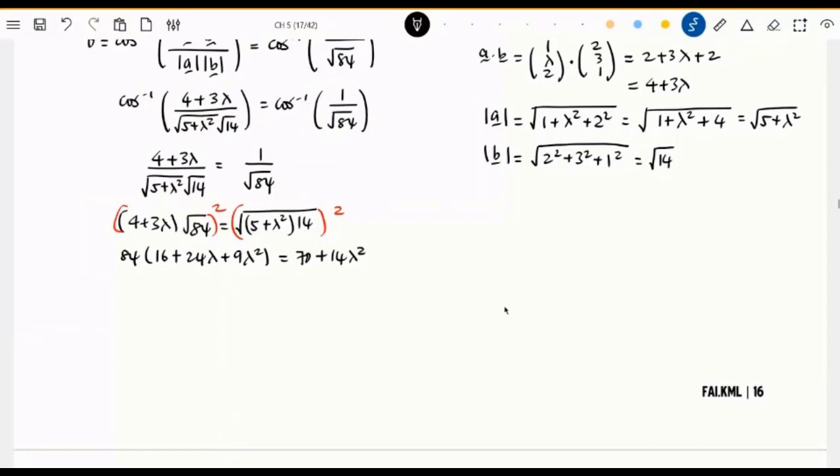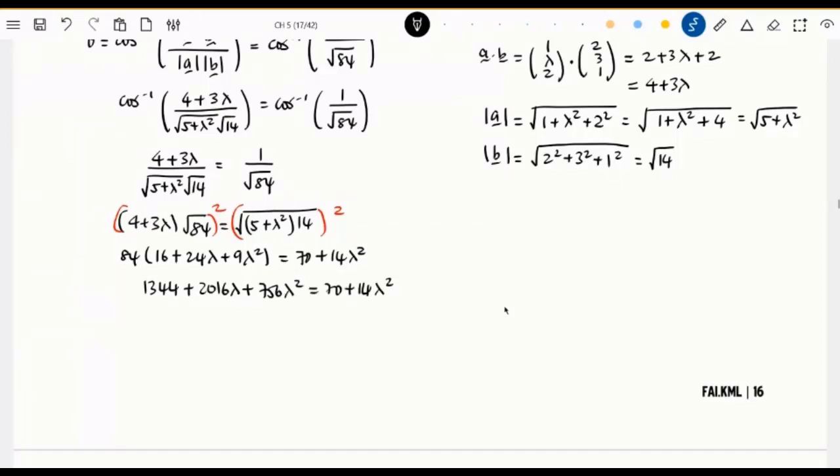Okay, so kita simplify. So sebelah kiri kalau simplify dapat berapa ni? 84 darab 16. 1344 plus 84 times 24. 2016. Okay, and then 84 times 9. 756.